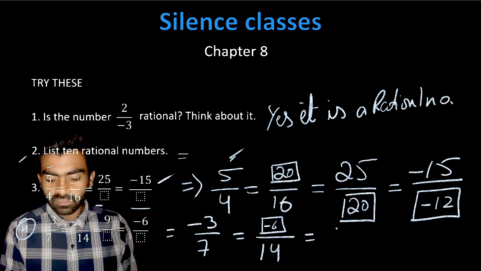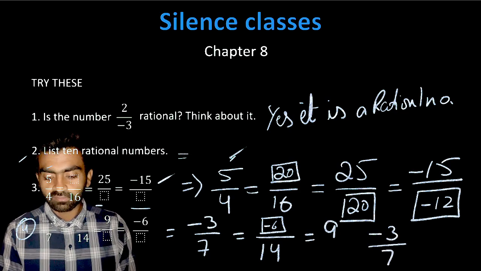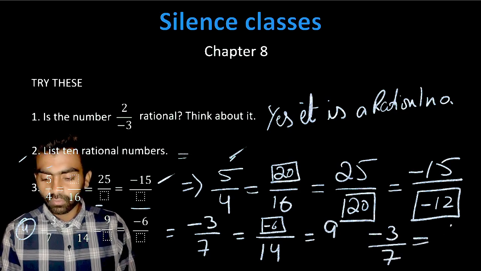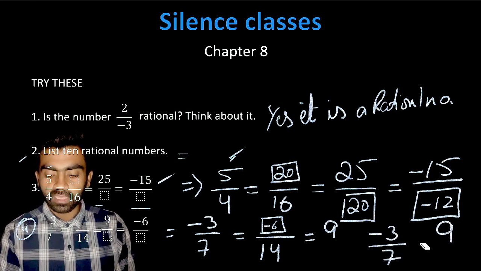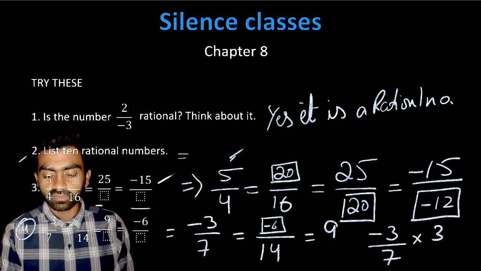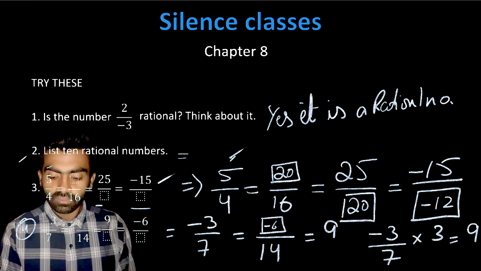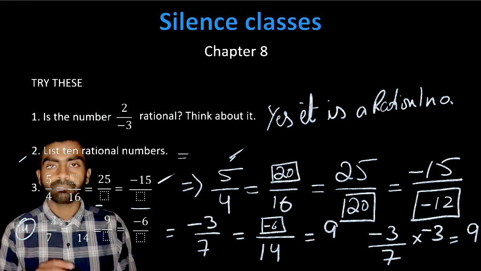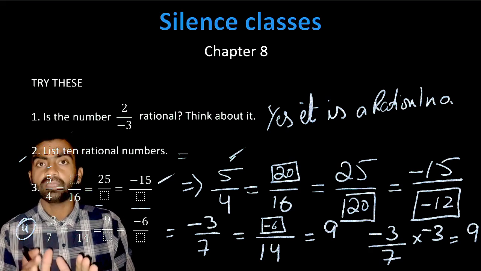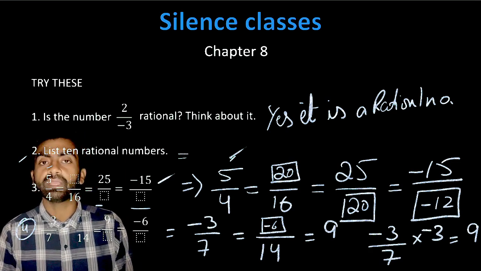Now 9 is given over here, so minus 3 upon 7 is equals to 9 is given. What do we have to multiply to get 9? We have to multiply it by 3. 3 threes are 9. But if I just multiply it by 3, we will get minus 9. So if I multiply the number by minus 3, I hope you guys are understanding why I am multiplying it by minus 3, because minus minus will become plus.